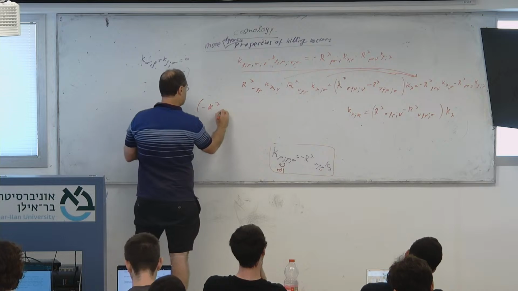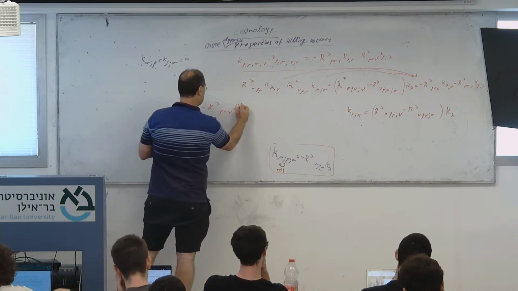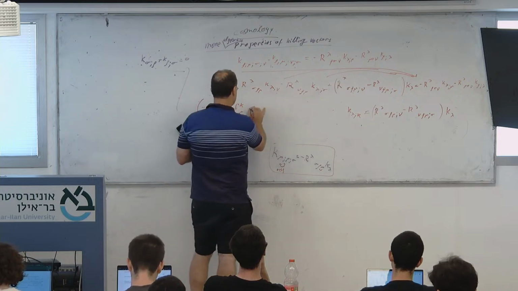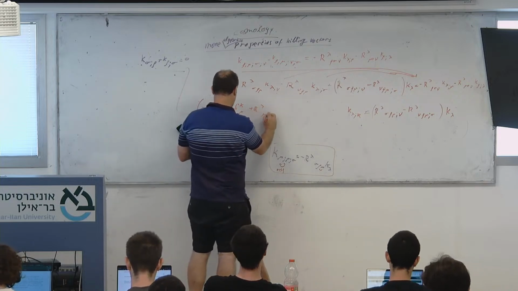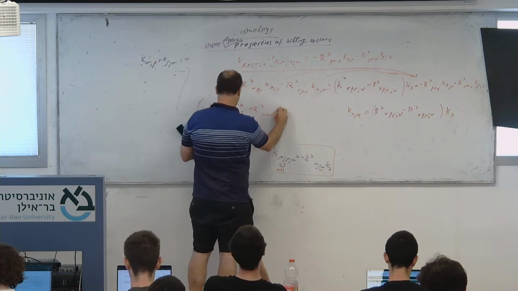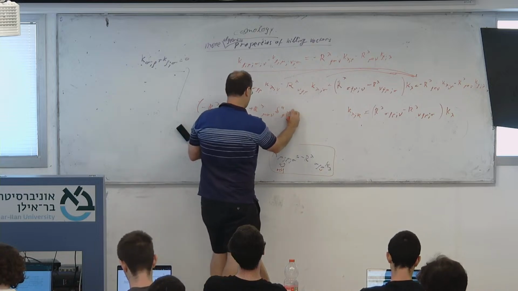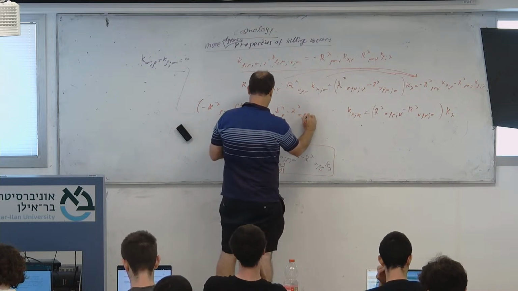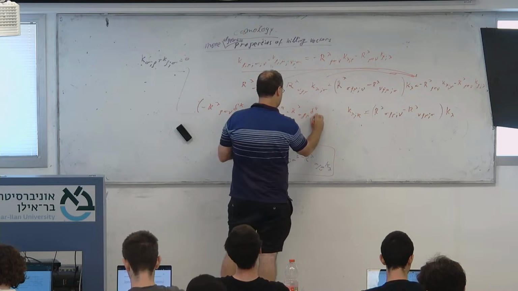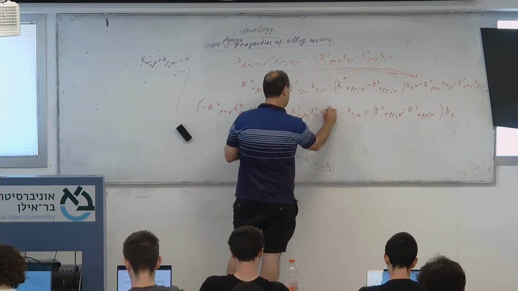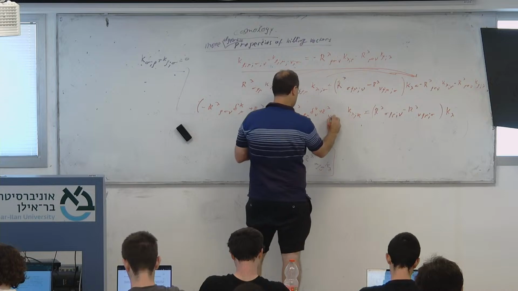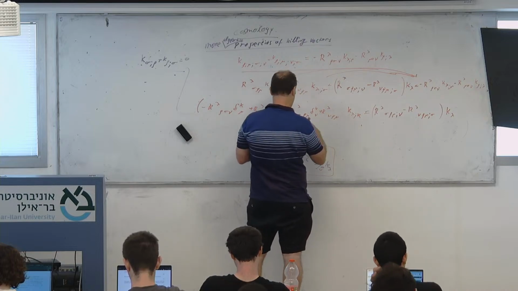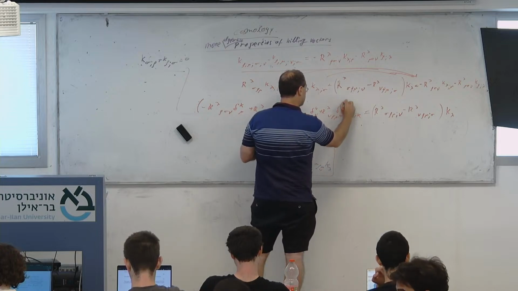Minus r lambda rho sigma mu delta kappa mu plus r lambda mu sigma mu delta kappa rho minus r lambda sigma rho mu delta kappa mu plus r lambda mu rho sigma mu rho mu delta kappa sigma.